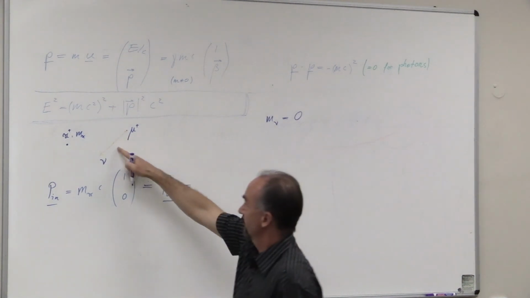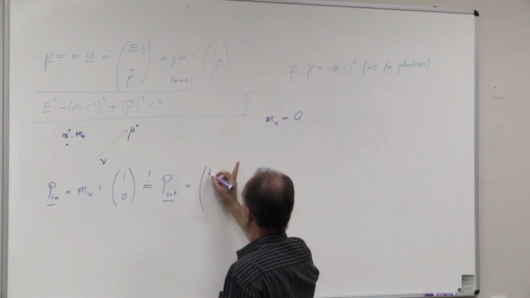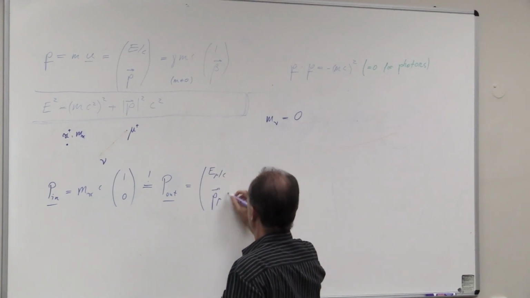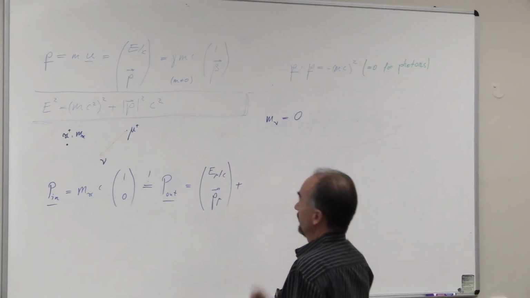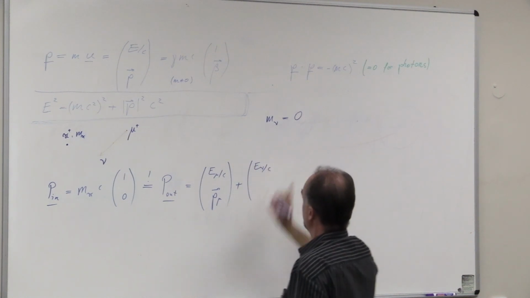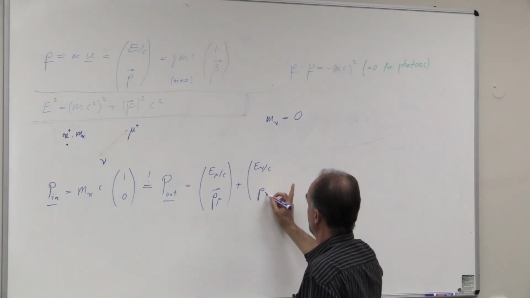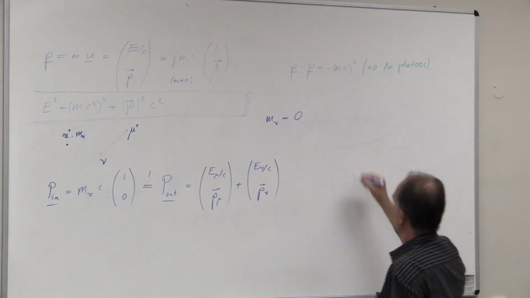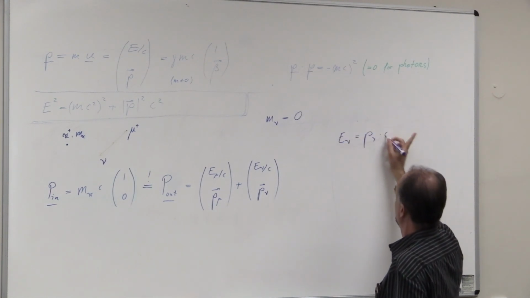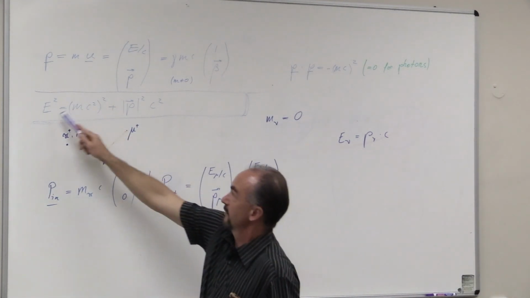That is the momentum vector of the muon, let's say E muon over c and P of the muon, plus the energy of the neutrino over c and, let's call this, P neutrino. And we know that the energy of the neutrino must be P neutrino times c, because they're massless, so m equals 0.